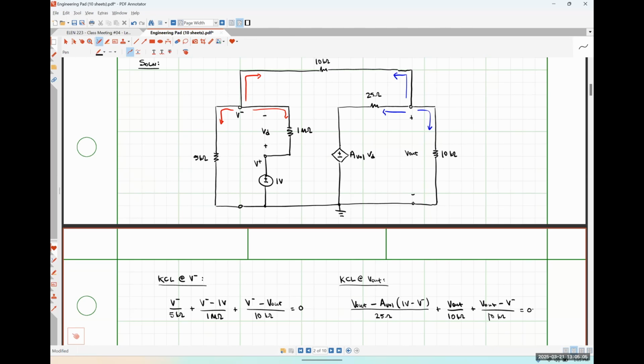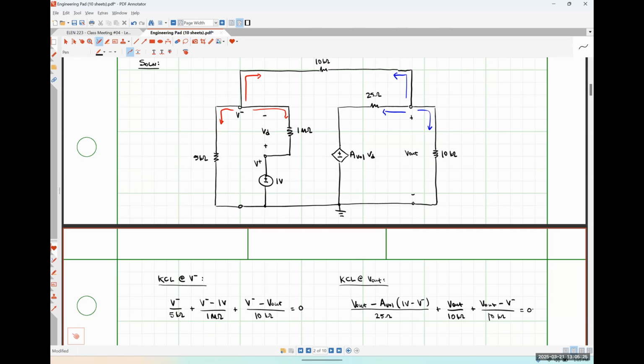Yes, sir. Because the 1 mega ohm is so large, would that not just kind of become 0? So it's pretty much going to technically look like 0 amps of current is going to flow through that branch.